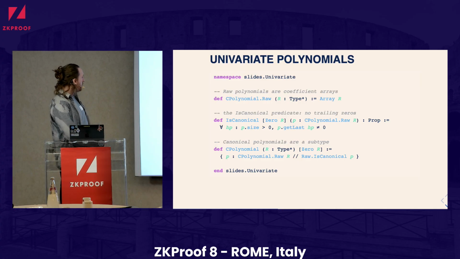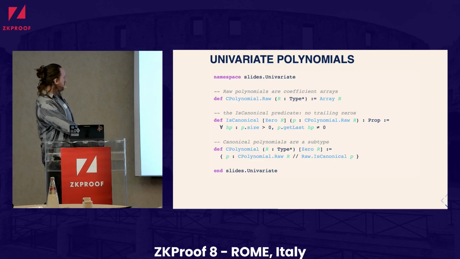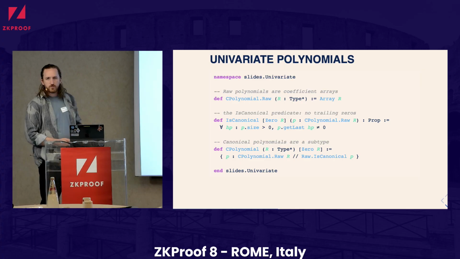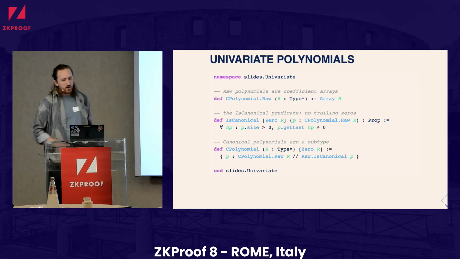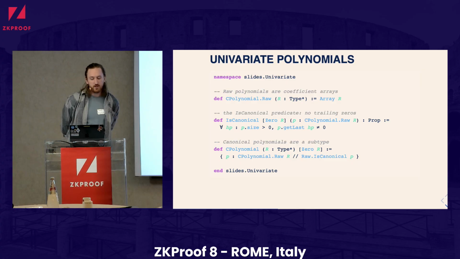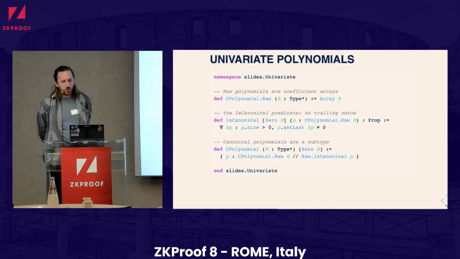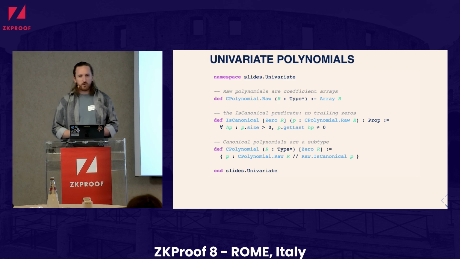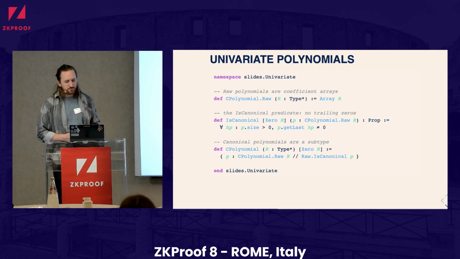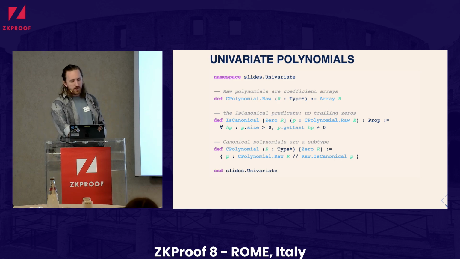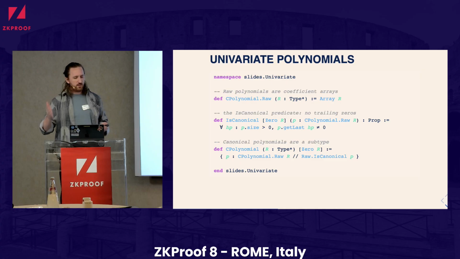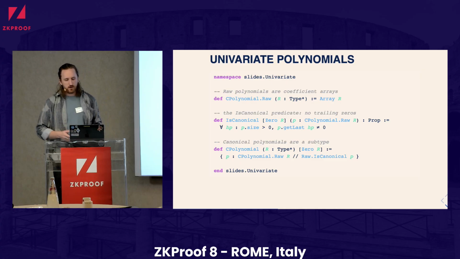So there's the polynomial definition in Mathlib, and we're just putting C in front of the relevant Mathlib definitions for computable canonical. So in this case, what we're calling canonical univariate polynomials are coefficient arrays modulo the is-canonical predicate. And what I mean by that is they're just trimmed coefficient arrays.